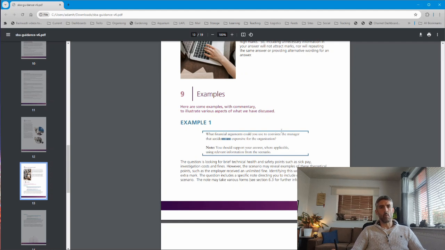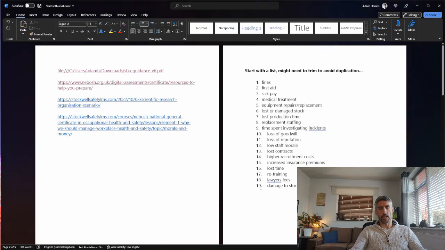In your actual exam, there'll be a number in brackets that tells you how many points are available. Let's say for the sake of argument, 10 points available. We've got 19 points on our list to play with, so this is going to be easy to do from here on in.